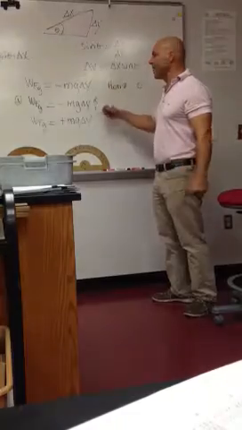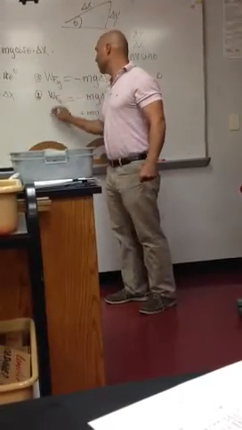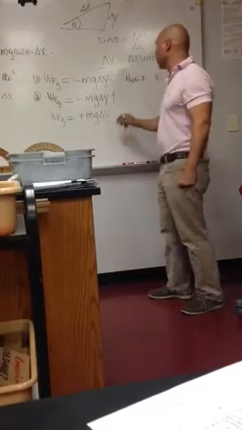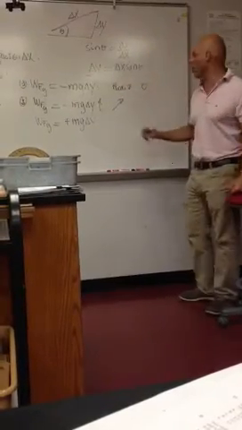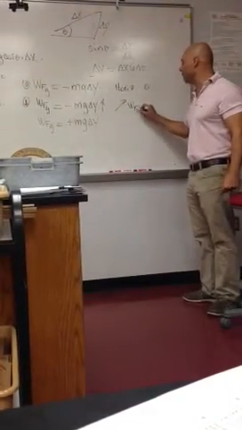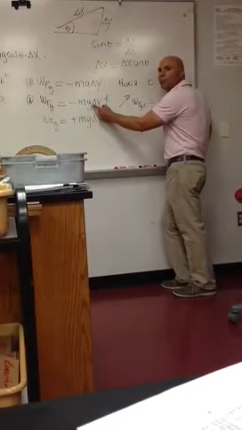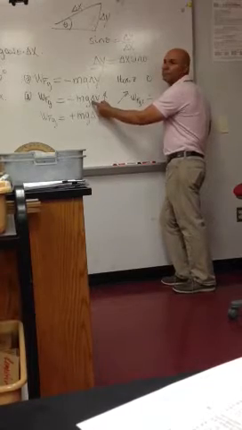Finally, this is the first, horizontally, the second case, and the third case on the inclined plane. What will be the work done by the gravity on the inclined plane going up? Delta y, what is delta y equal to on the inclined plane?